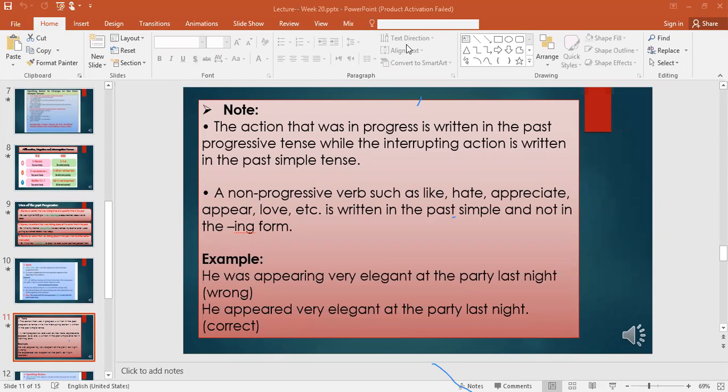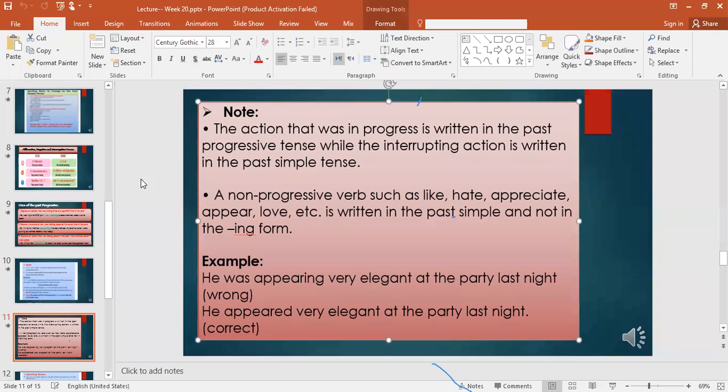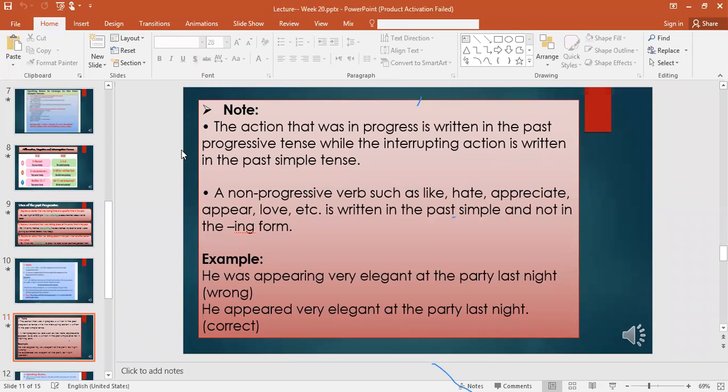Like the verbs of possession or the emotional state. These verbs, we said last time that we cannot use them in the progressive tense, and we cannot use them with -ing. So same in the past tense, we cannot use the verbs of possession or of emotion with -ing.